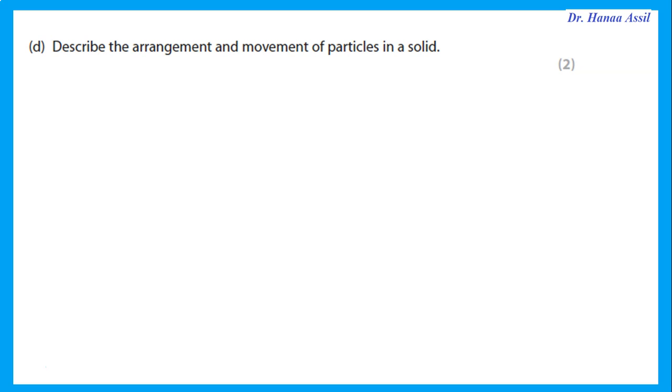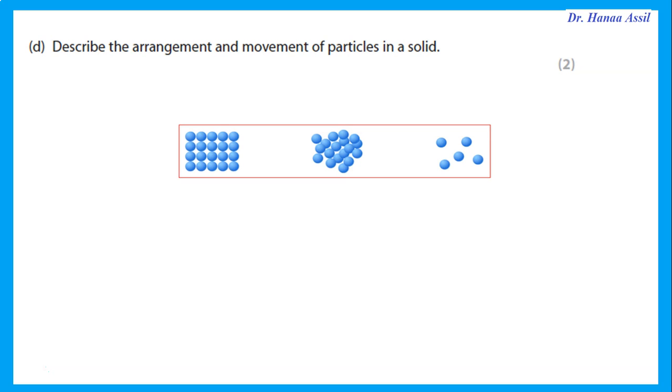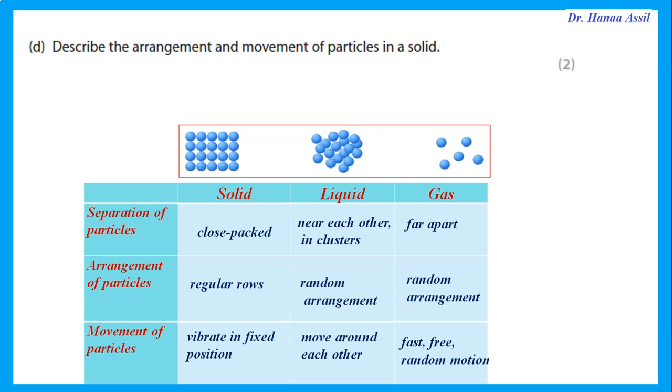Describe the arrangement and movement of particles in a solid. Now, when we are required to explain about one of these, please note what the question is asking about. For example, here we're talking about arrangement and movement, and you should know the difference in arrangement and movement between solids, liquids, and gases.